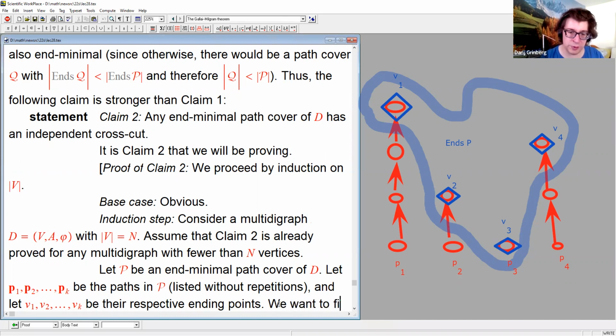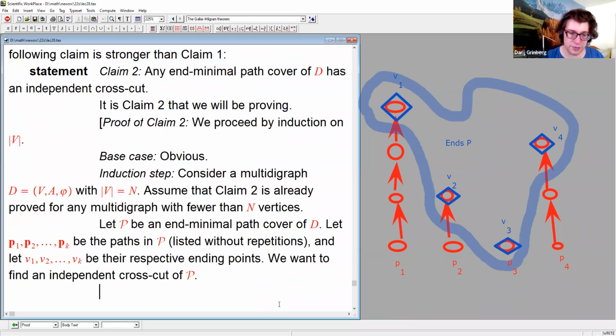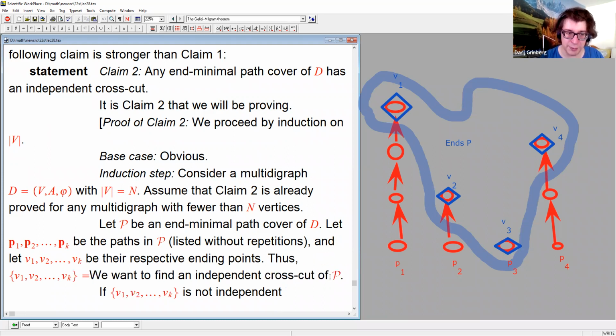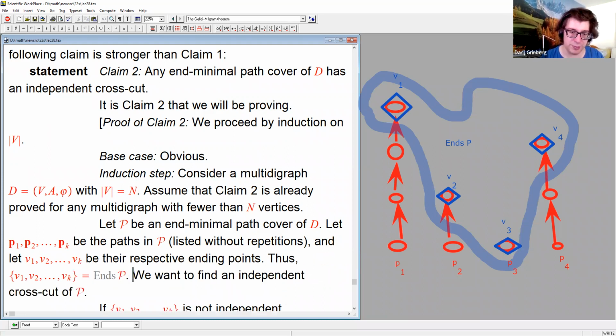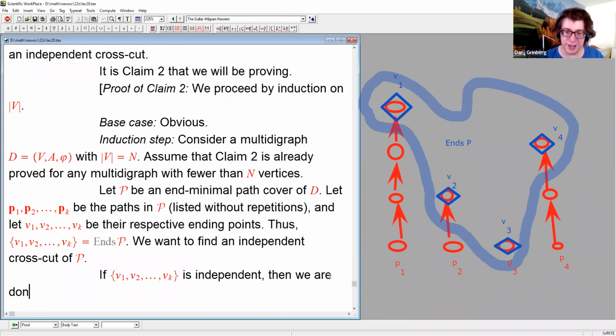So we want to find an independent crosscut of P. So first of all, notice that of course these V's are the ending points, so their set is exactly the ends of P. If the set of ends is independent, then we are done, because this set is clearly a crosscut.